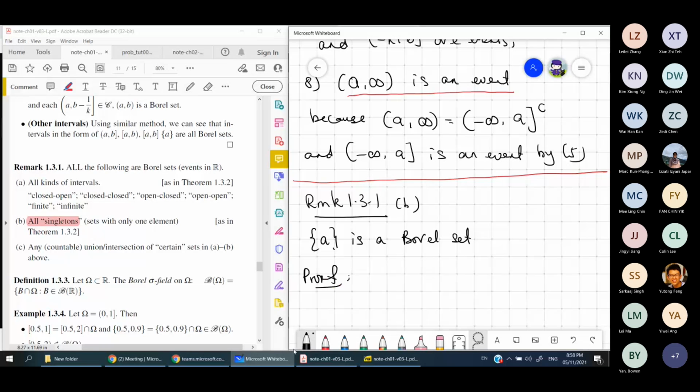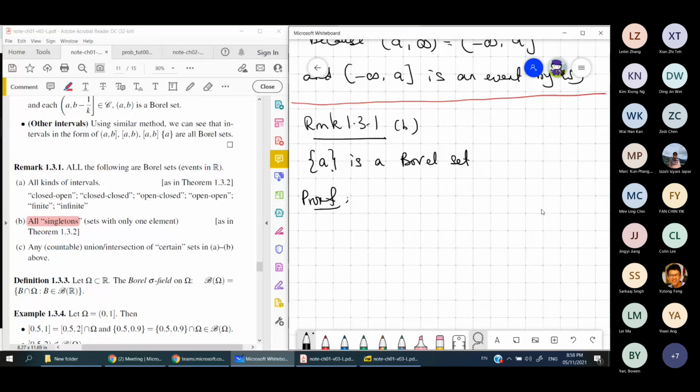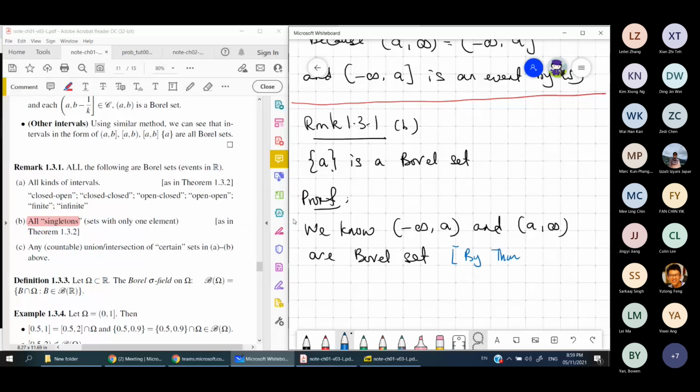The idea is like this. First, we have shown that negative infinity to a and a to infinity are Borel sets. Because we know these are intervals, from this theorem 1.3.2 we know these are events. All these are Borel sets. These two are Borel sets, and so this is also a Borel set.